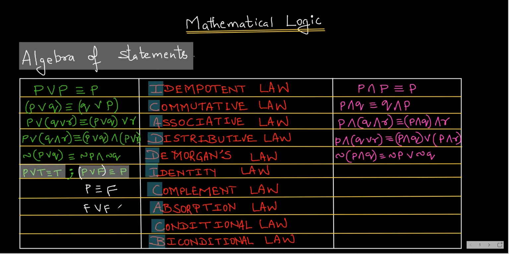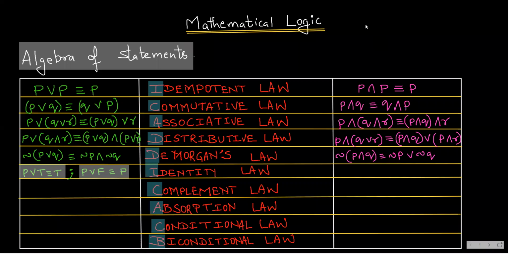And what is false or false? It is false, and it is nothing but the truth value of P. So if you have P or false, the truth value of P or false will always be the truth value of P.